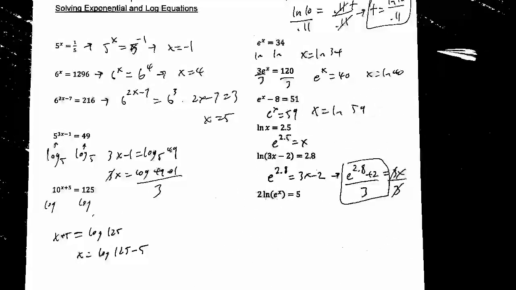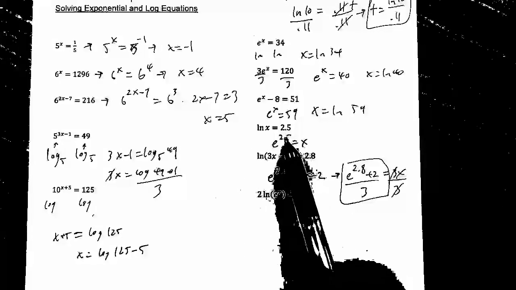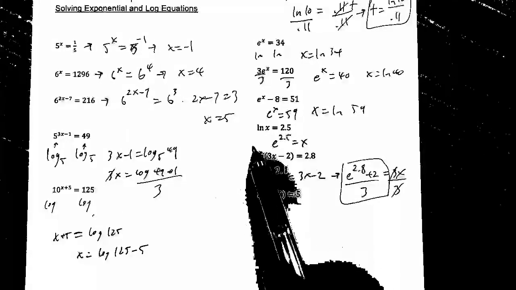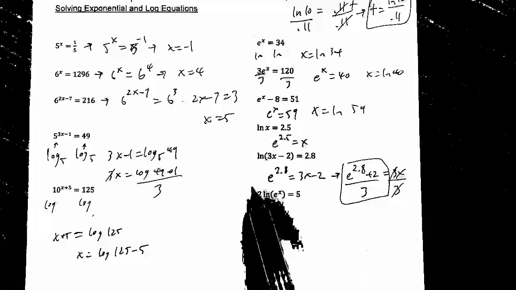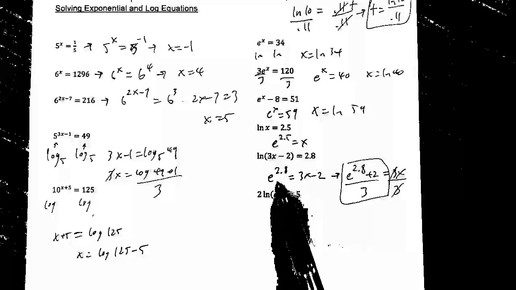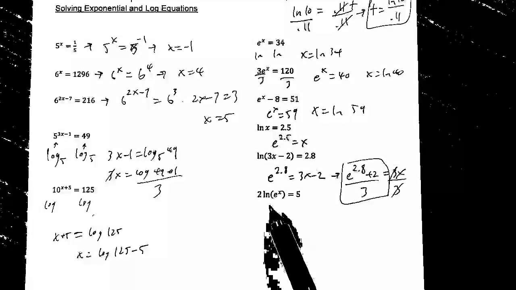When it's written as a log, we can rewrite it as an exponential by putting the base to the power of what it equals and setting that equal to the input. So e to the 2.5 equals x. Here, e to the 2.8 equals 3x minus 2, and then we solve for x. In this last one, this is kind of a gimme.